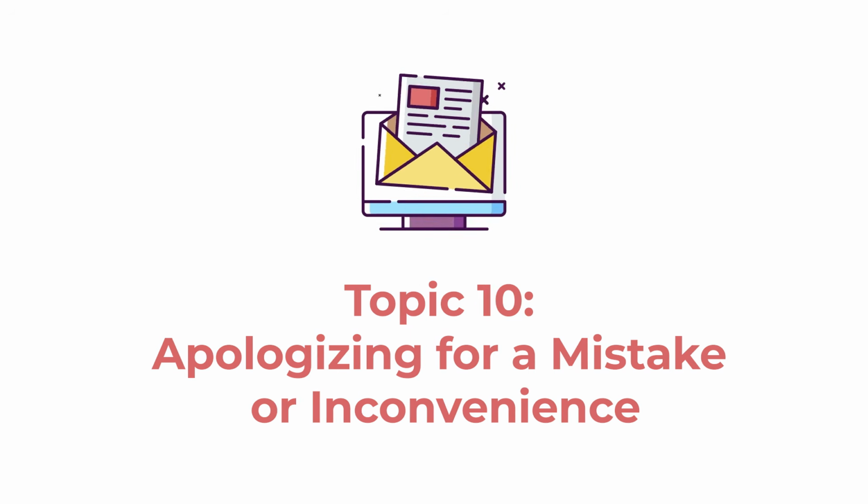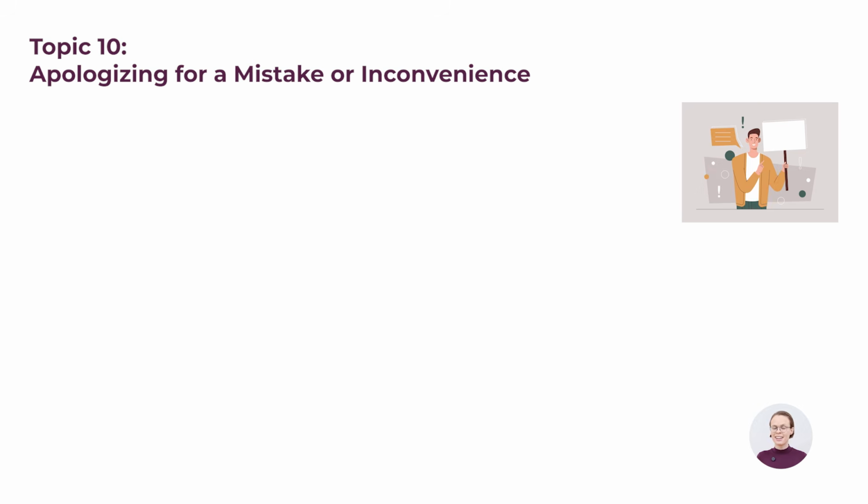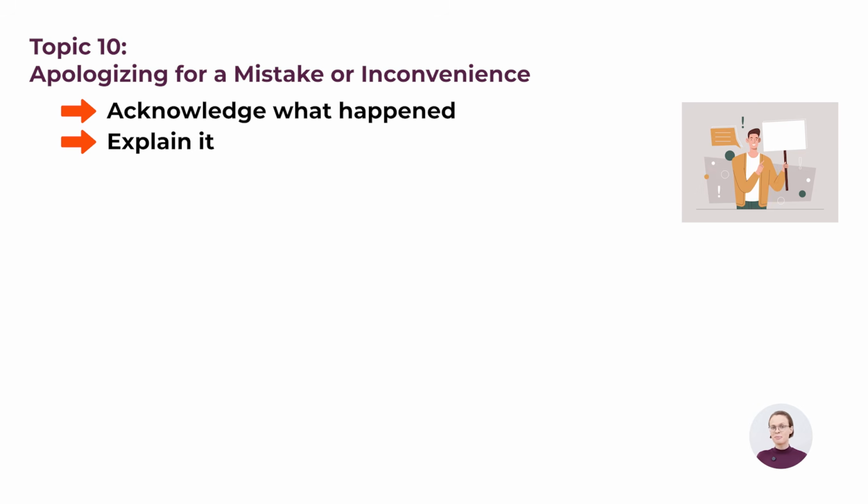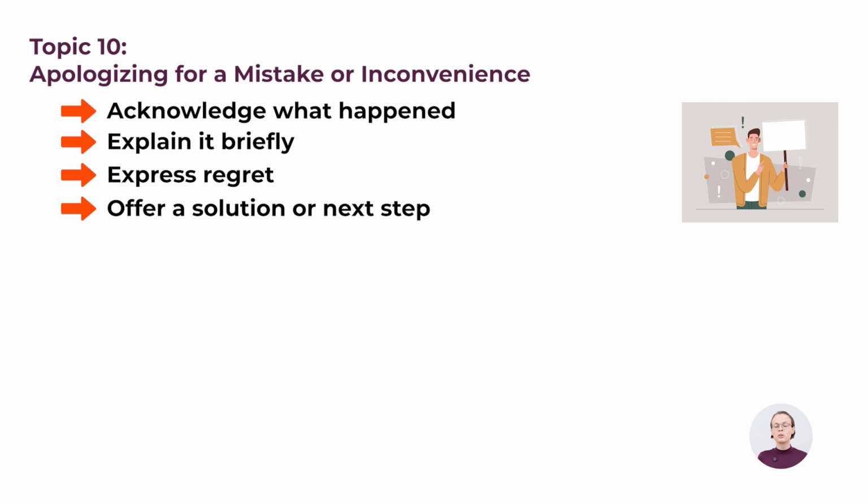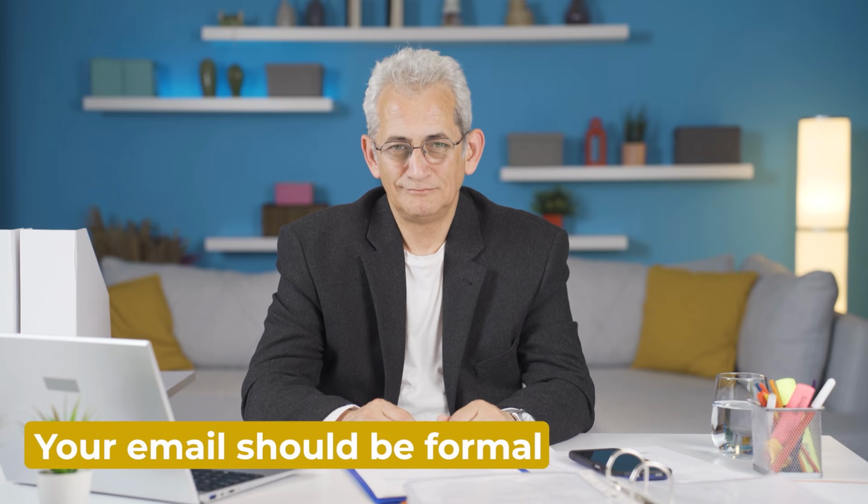Topic number 10 is apologizing for a mistake or inconvenience. In these tasks, you need to acknowledge what happened, explain it briefly, express regret, and offer a solution or next step. The tone will depend on who you are writing to. If you are writing to a professor or campus administrator, your email should be formal.